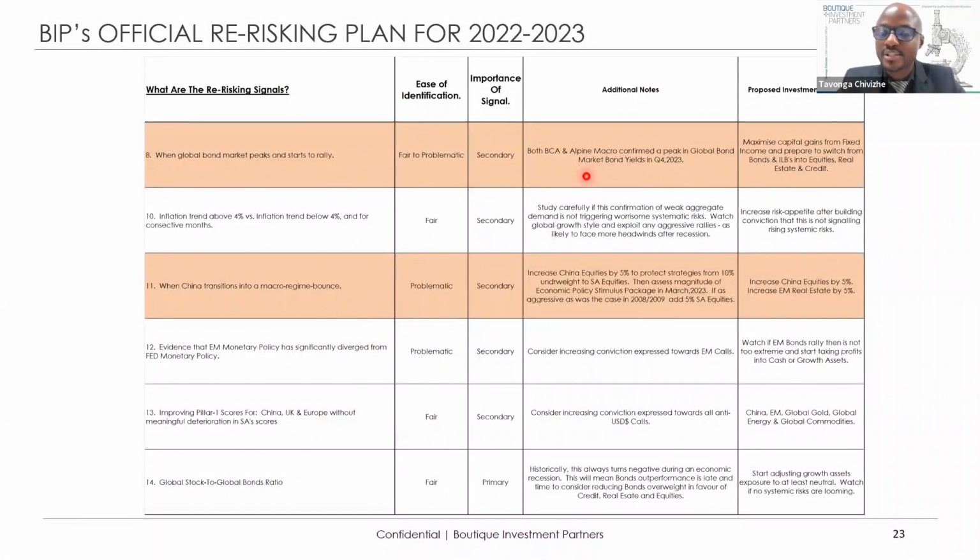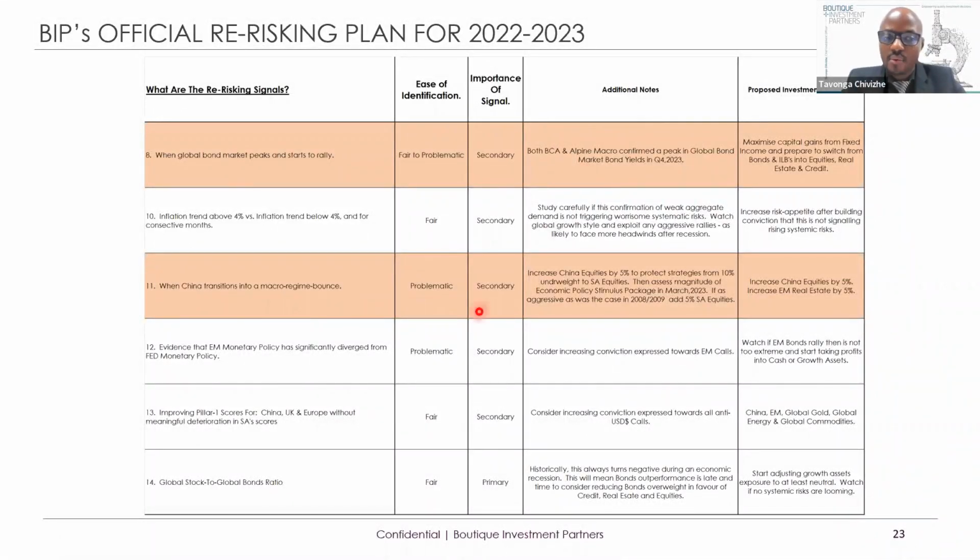On the back of that, you'll recall that we sent a recommendation to as many of you as possible to close our global cash allocation and move that to global bonds, and introduce an overweight to global bonds on local mandates and global mandates. This positions for the fact that we are now getting to a stage where the bond market might stop worrying about inflation and start worrying about a recession, in which case it would rally.